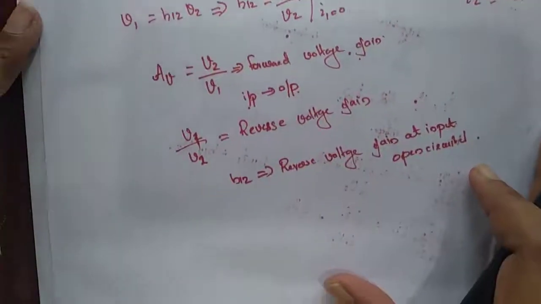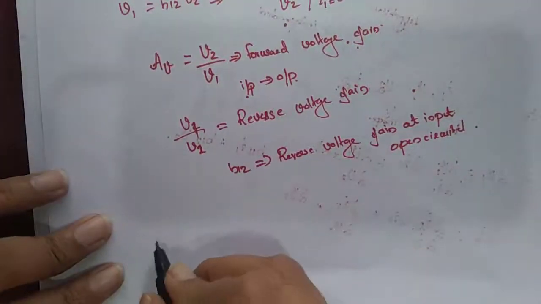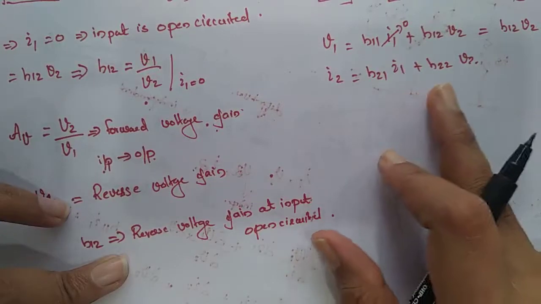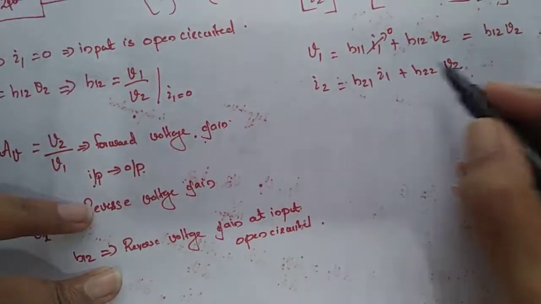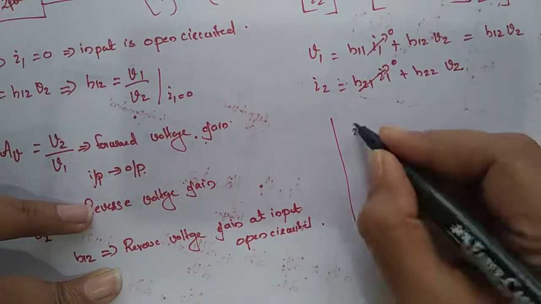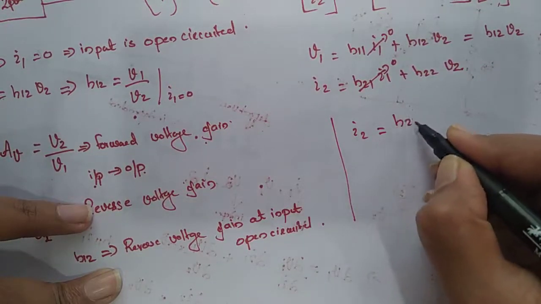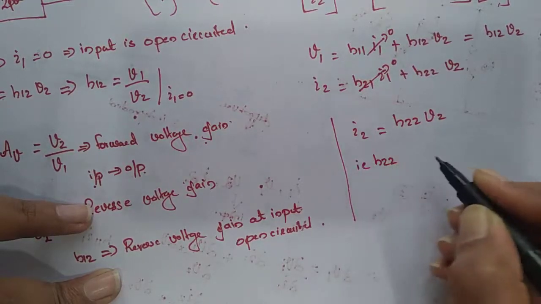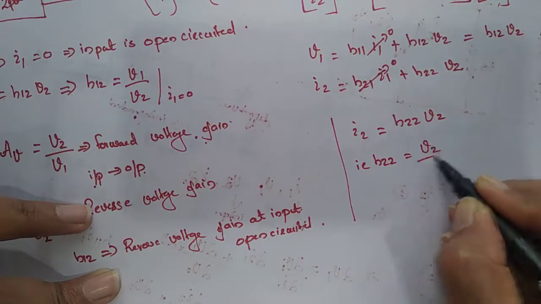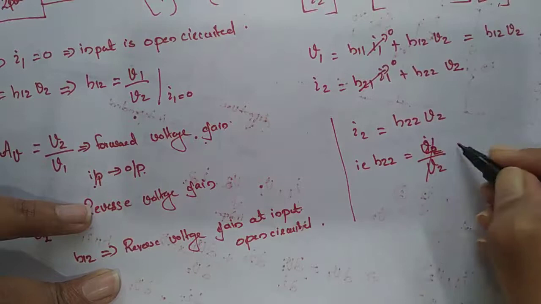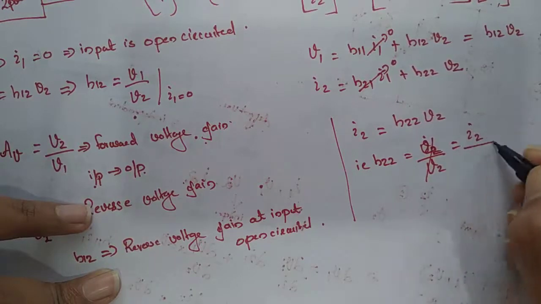Similarly, if I apply I1 equal to 0 for the second equation, what is our second equation? The second equation is I2 is equal to H21 I1 plus H22 V2. If I apply I1 equal to 0 here, then our I2 will be equal to H22 into V2, that is H22 is equal to I2 by V2.